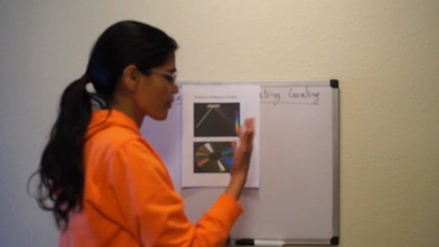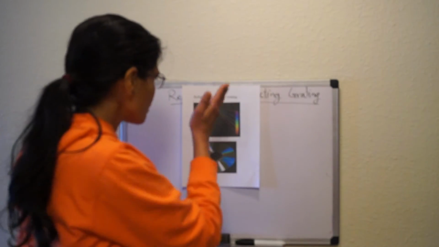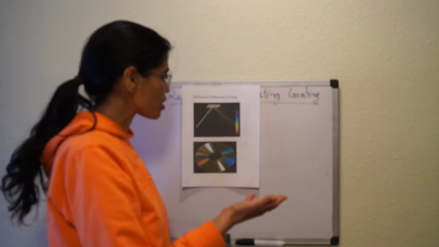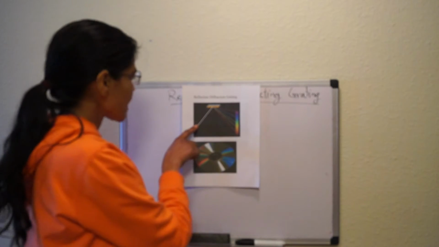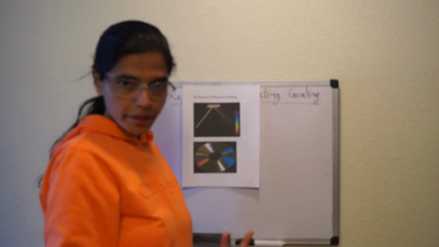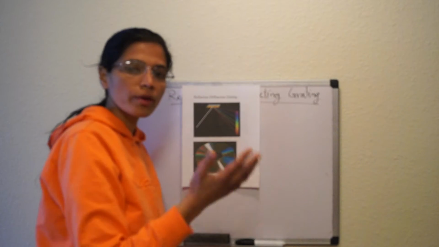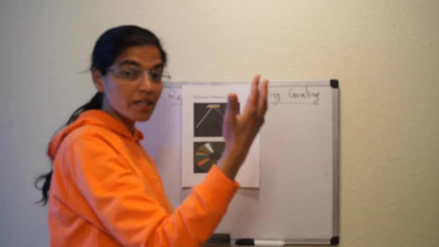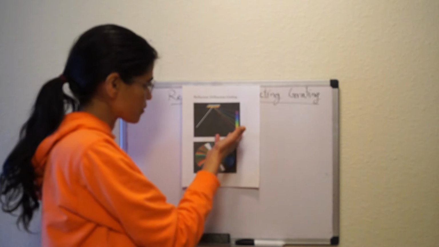If we have a mirror, we can make grooves on the mirror plane, and then when we shine a light, this white light here, the light is composed of different wavelengths. So different wavelengths reflect differently, okay.